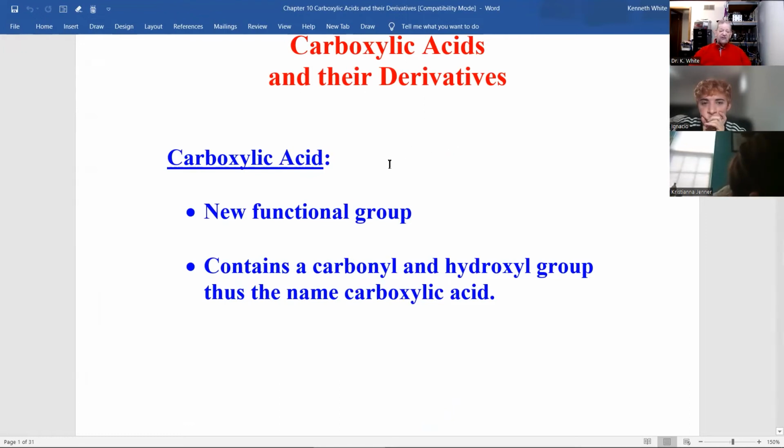Now, what's a carboxylic acid? Well, it's a new functional group for you, and it contains a carbonyl and a hydroxyl group attached to the same carbon. And that's how it got from carbonyl and hydroxyl, carboxylic acid.